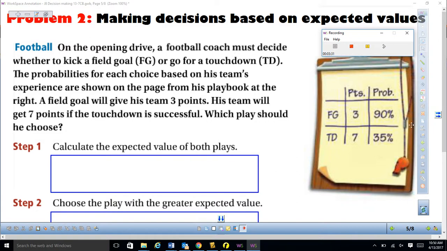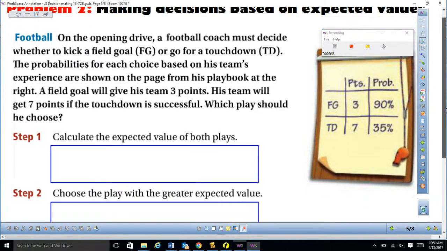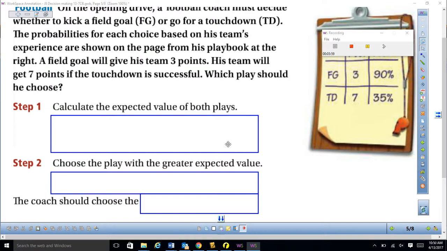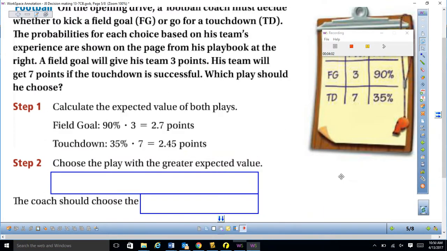So step 1, first we need to calculate the expected value for both plays. So we know that they have a 90% shot of getting a field goal, which is worth 3 points. So we take our 90%, or 0.9, times 3, and we get 2.7 points.